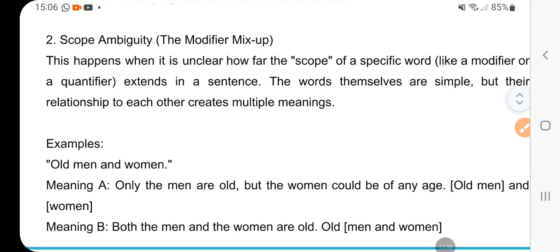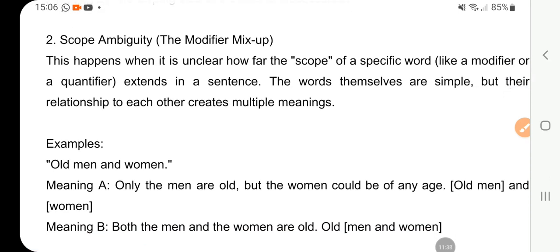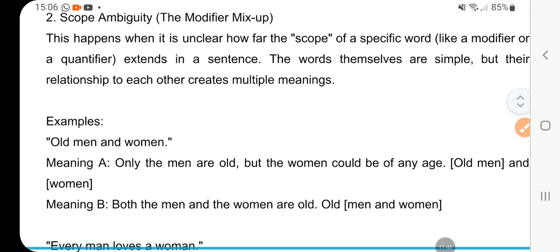Now, scope ambiguity, the modifier mix-up. What happens?